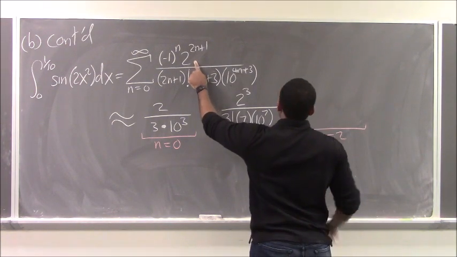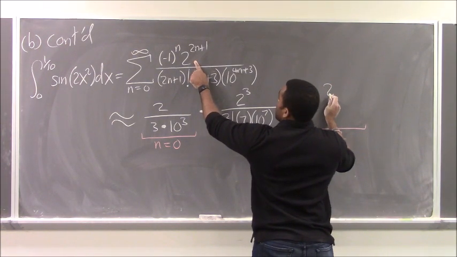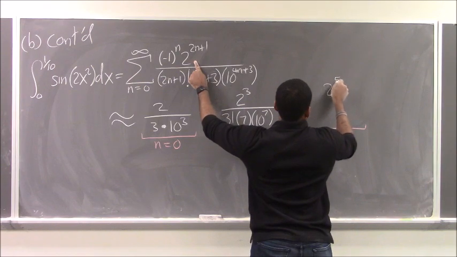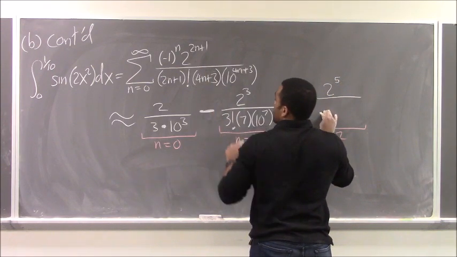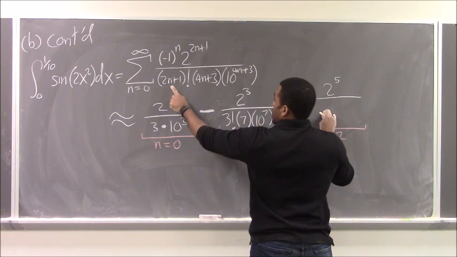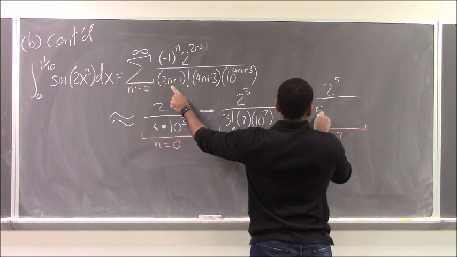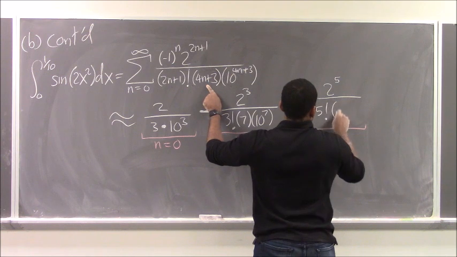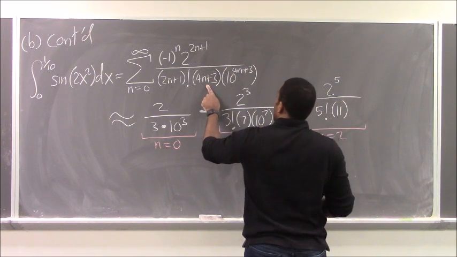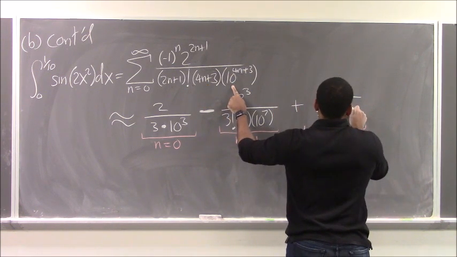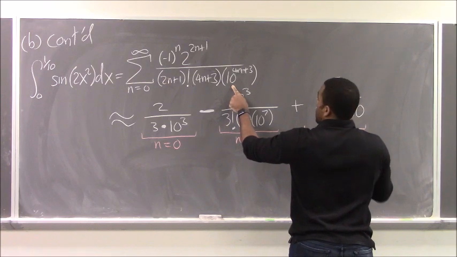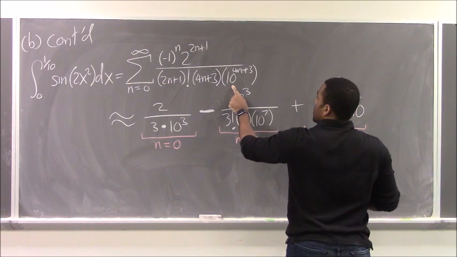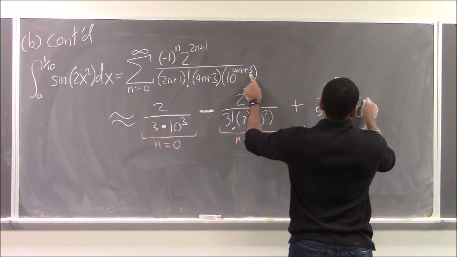On top, I would get 2 to the 5th power over 5 factorial times 11 times 10 to the, I'm plugging in n equals 2, 8 plus 3, 10 to the 11.